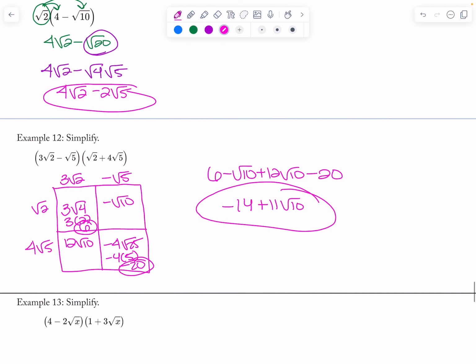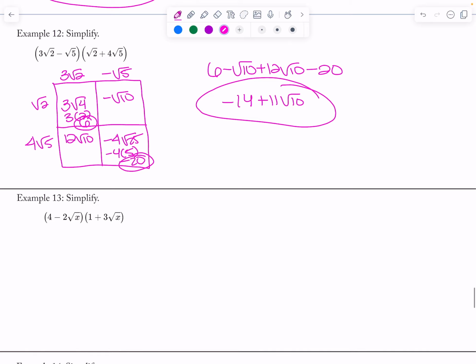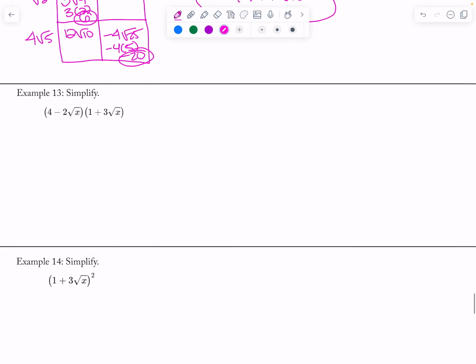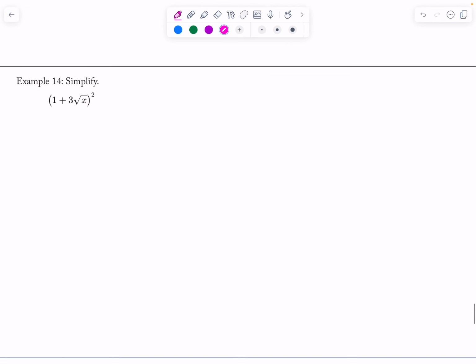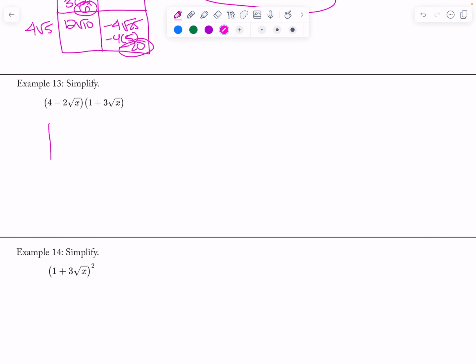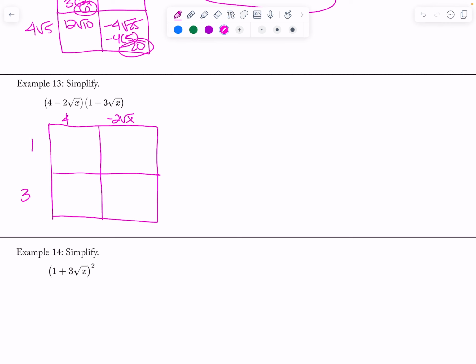Okay. Same thing with this example. I would have multiplied this out. I was just looking to make sure that this wasn't completely weirdly out of order. Okay, so 4 and then a minus 2 root x and a 1 and a 3 root x.